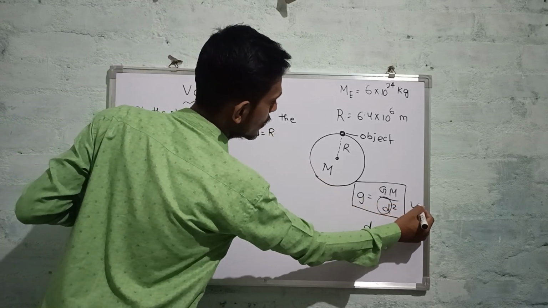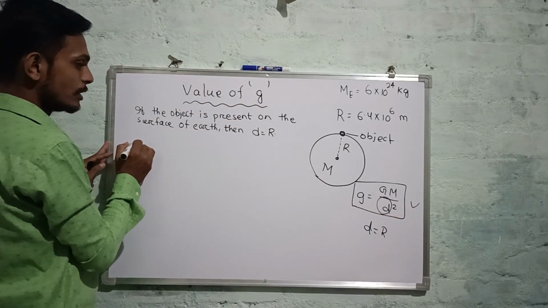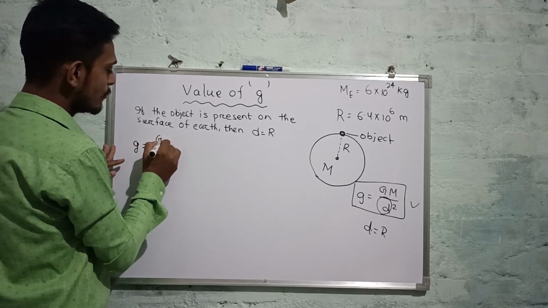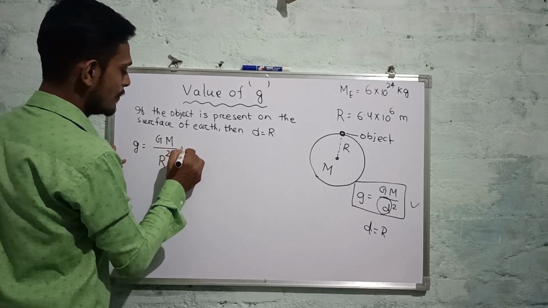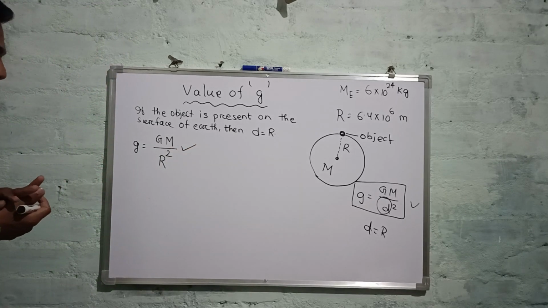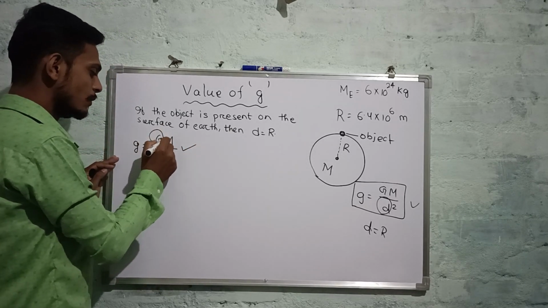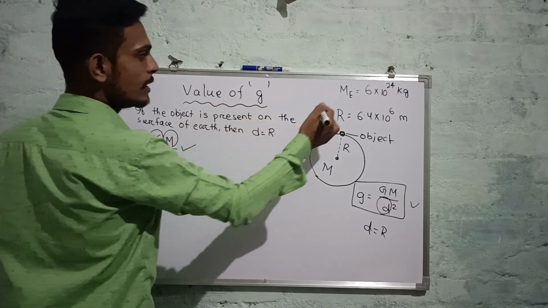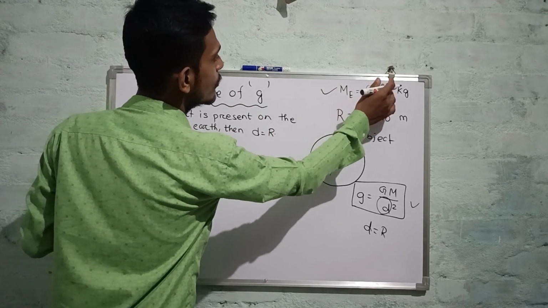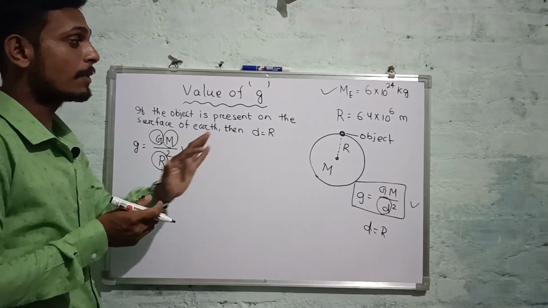In this expression, d equal to r. So your formula will be g equal to GM upon r square. So we know the value of G, we know the value of M, we know the value of r. What is the mass of earth? That is 6 into 10 to the power 24 kg. You have to remember it.